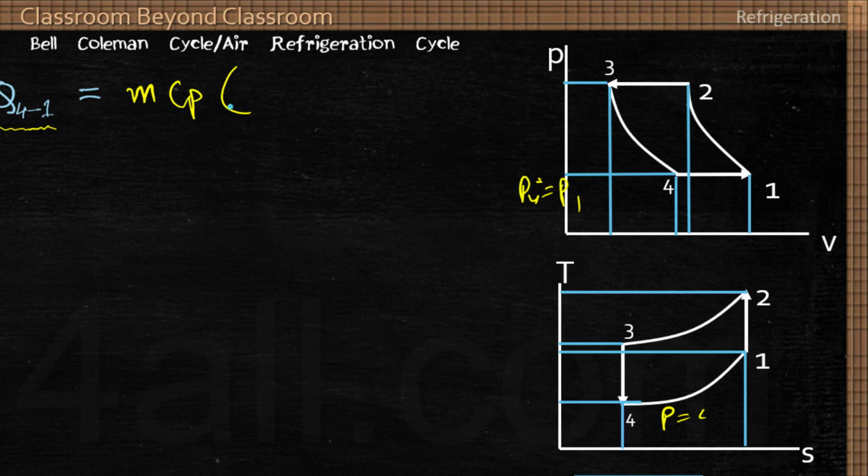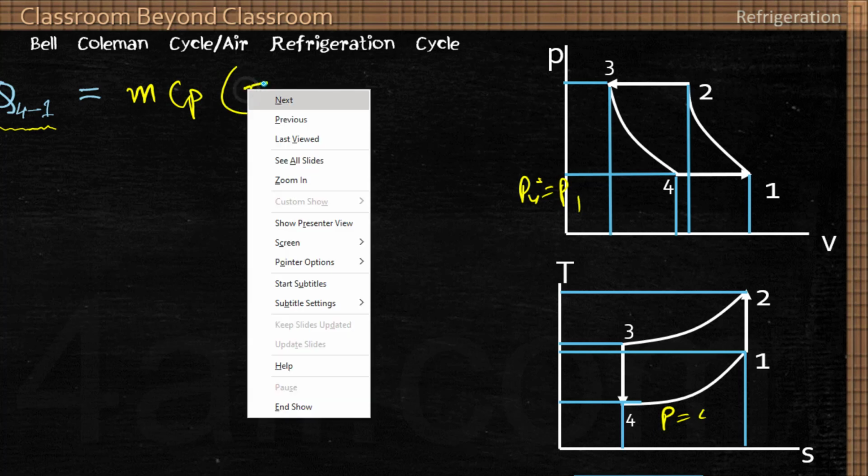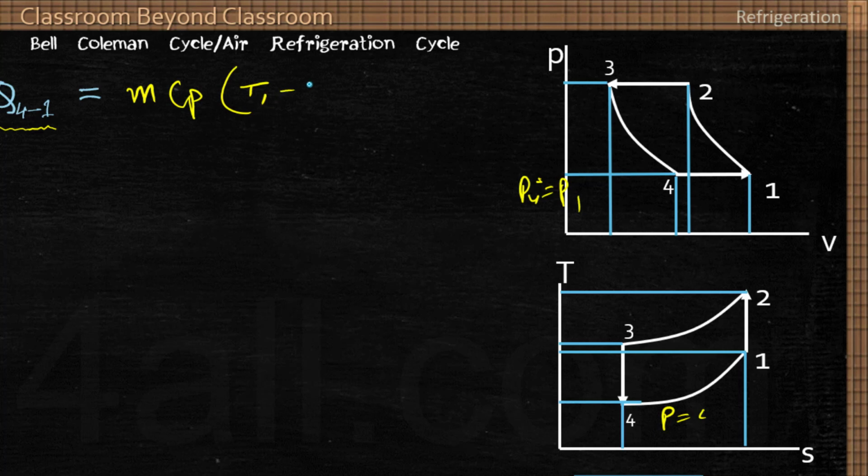What is the difference of temperature? From T4 to T1. So the difference is T1 minus T4. Okay, this is the heat absorbed. This is the refrigerating effect. This is also called the refrigerating effect. This is the cause which keeps the room cool, keeps the space cool.